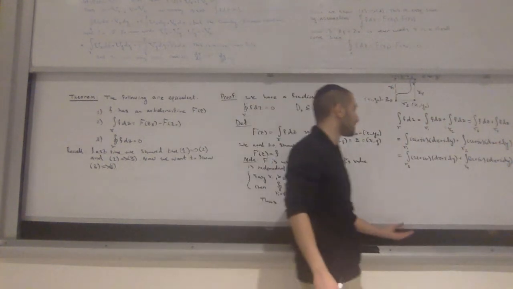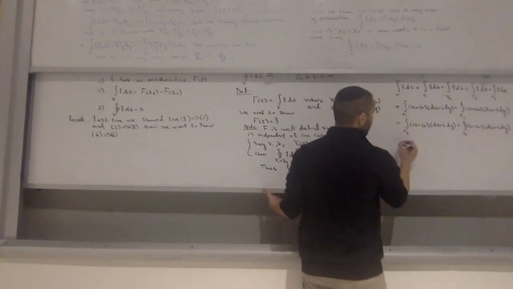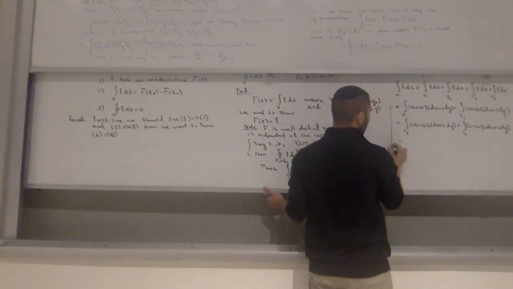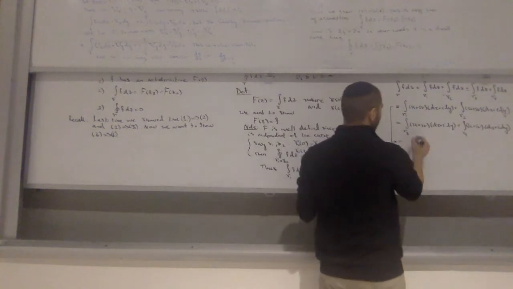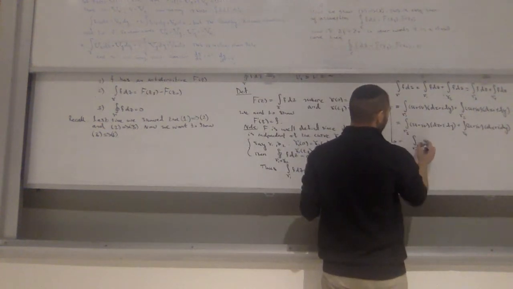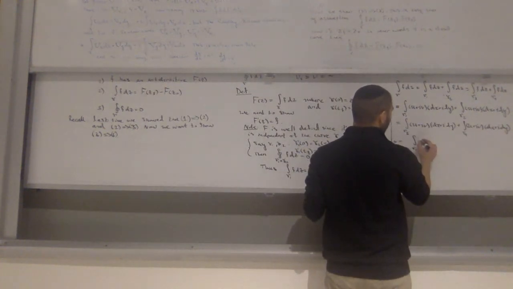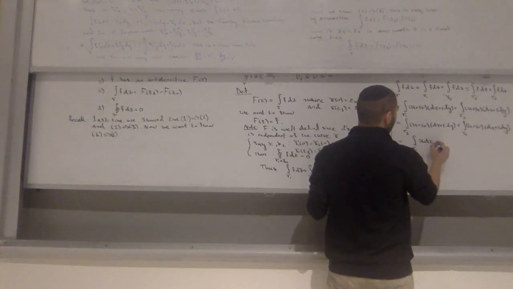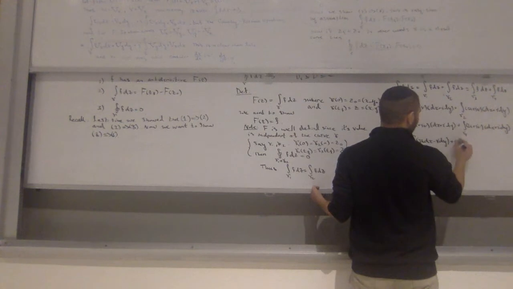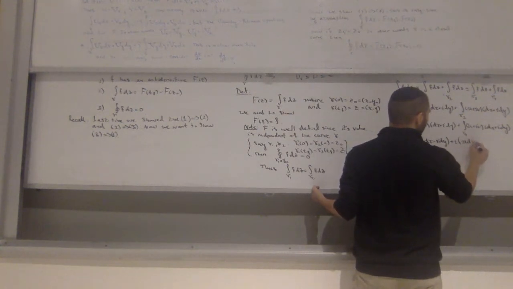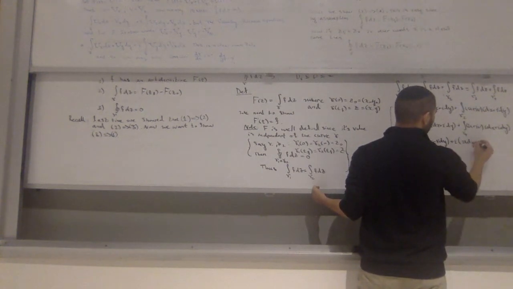Okay, we could expand these. So I will expand the first equation, which is the integral along gamma 1 of u dx minus v dy plus i times u dy plus v dx.